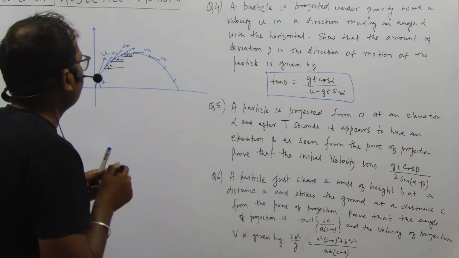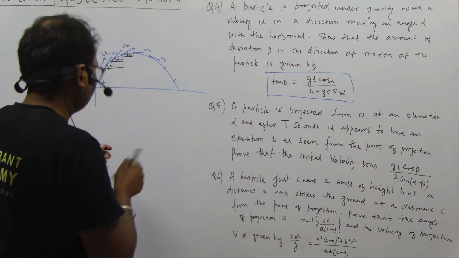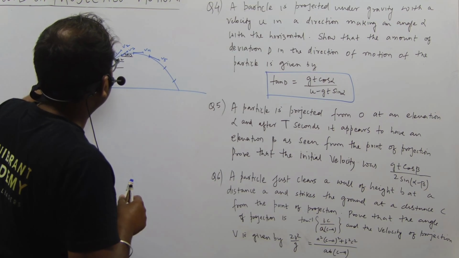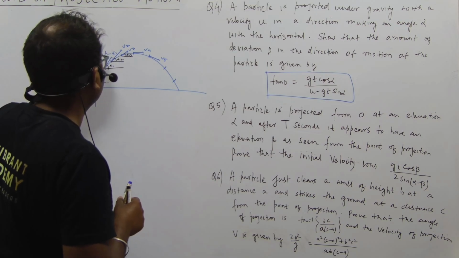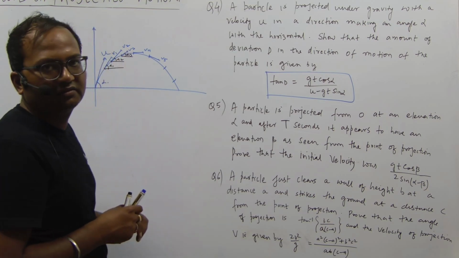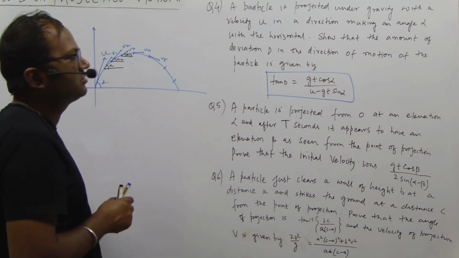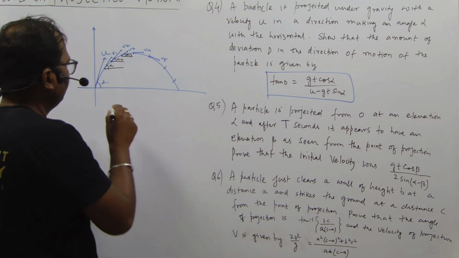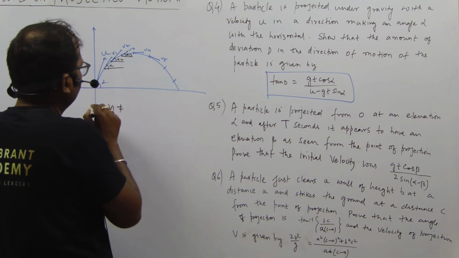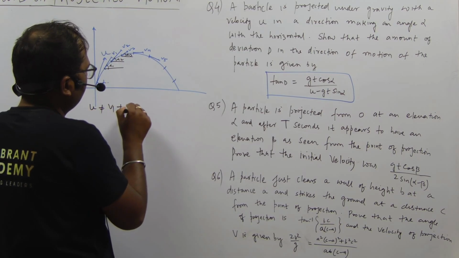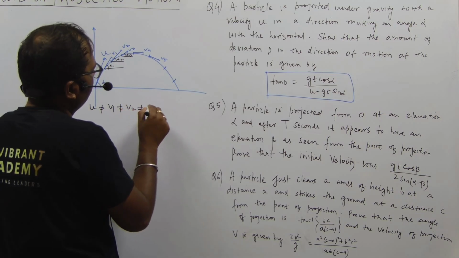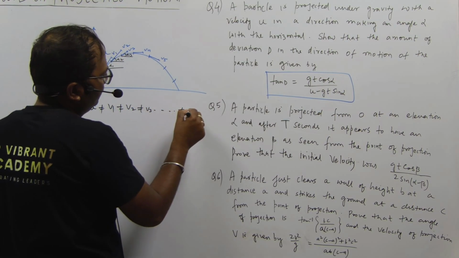With the passage of time, the velocity of the projectile at different points is different, and its angle of inclination with the horizontal is also different. So we have u not equal to v1, not equal to v2, not equal to v3, not equal to v5.